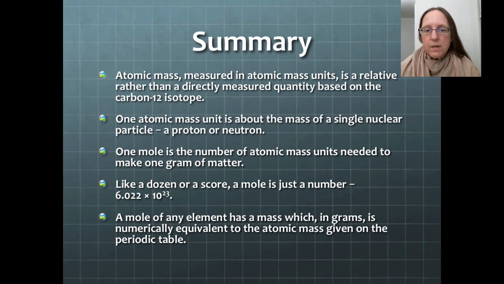A mole is just a number, like a dozen. It's just a very large number, 6.02 times 10 to the 23rd. A mole of any element has a mass in grams numerically equivalent to that element's atomic mass as listed on the periodic table.